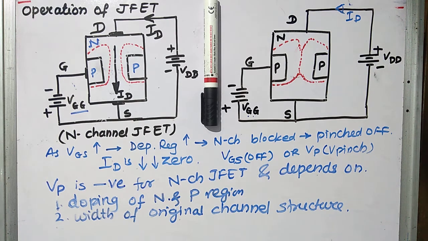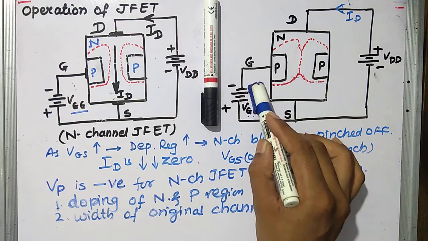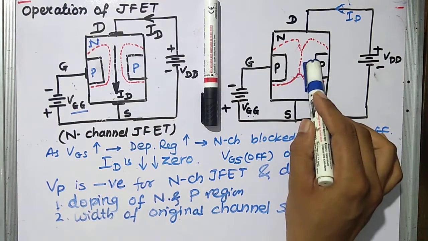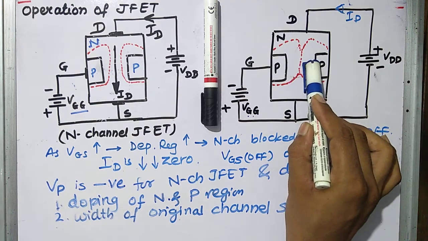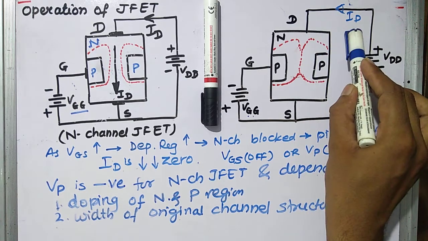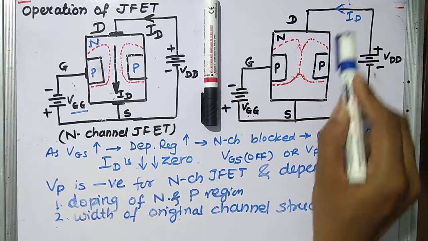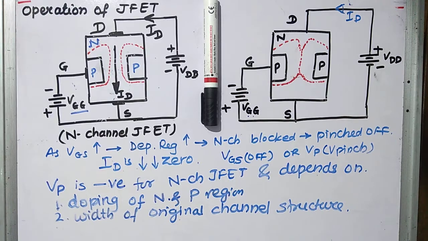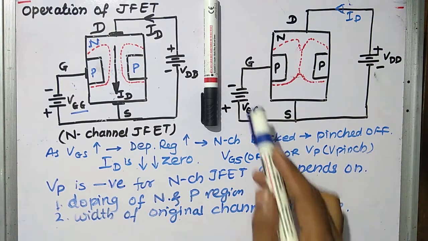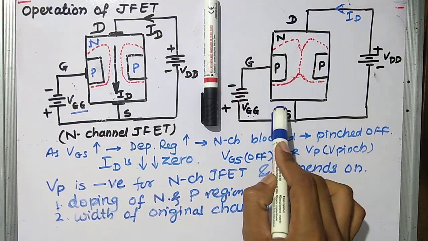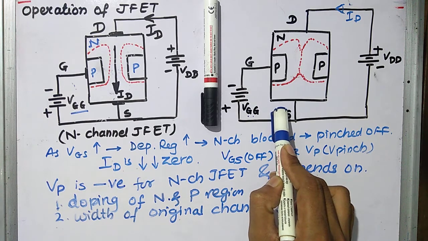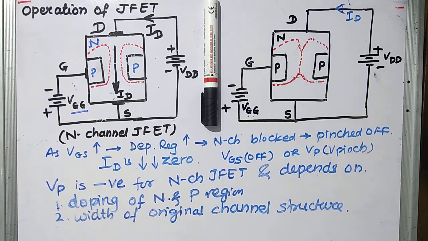So in this way, by varying the gate to source voltage, the depletion region can be increased or decreased, and thus we can control the flow of drain current. So controlling the flow of drain current by applying the external voltage is the operation of the JFET.